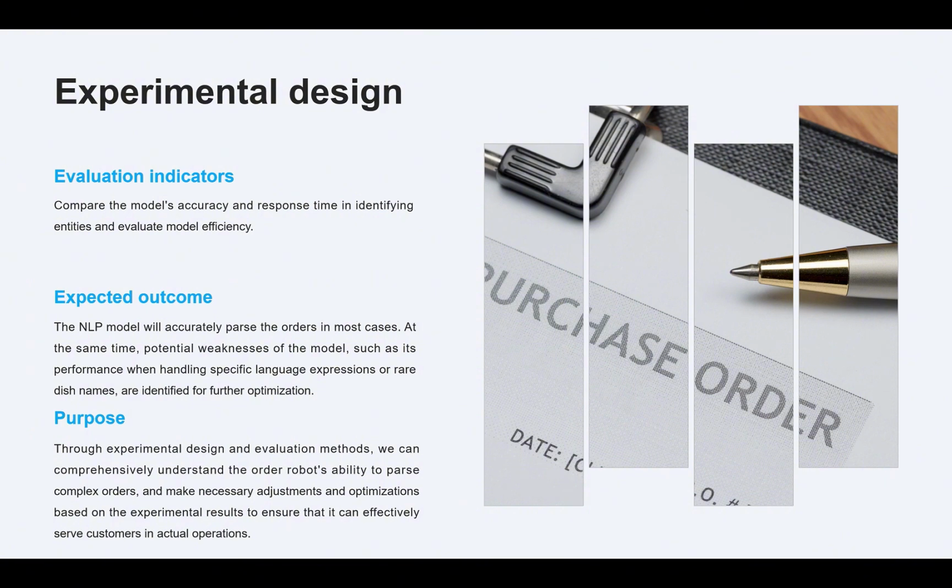Evaluation indicators. Accuracy is calculated by comparing the entities recognized by the model with the accurately annotated entities. This includes the correct identification of the boundaries and the categories of entities.